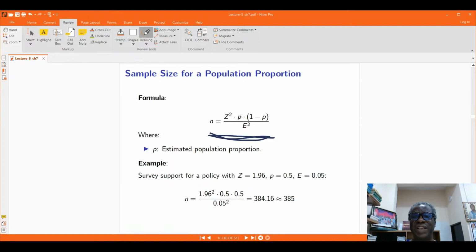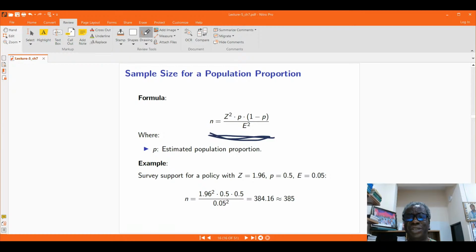So for a population proportion, the formula is given as this: the sample size is the square of the z-score multiplied by the proportion of success and the proportion of failure, which is 1 minus p, over the square of the margin of error. So in this formula, you know everything.